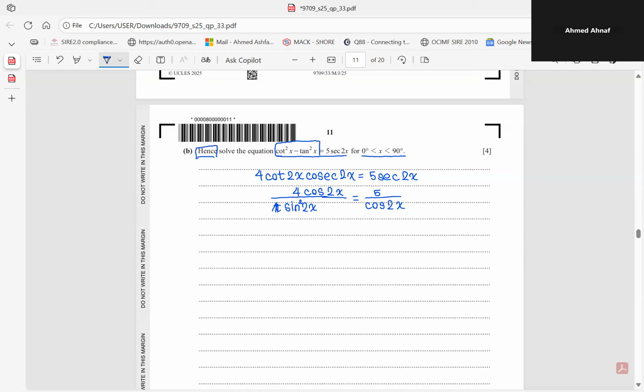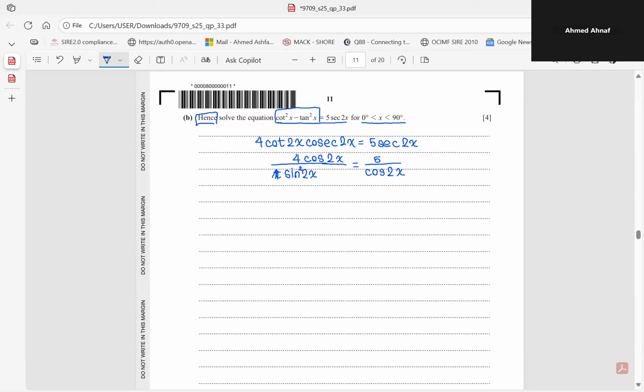Okay, so now let's cross multiply. So for cosine 2x times cosine 2x, that's cosine squared 2x. This is equal to 5 sine squared 2x.